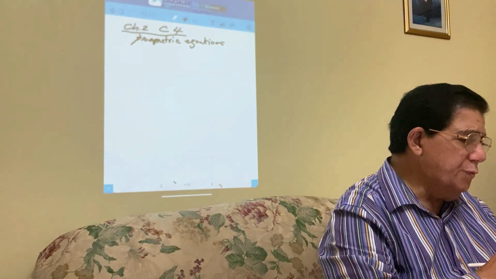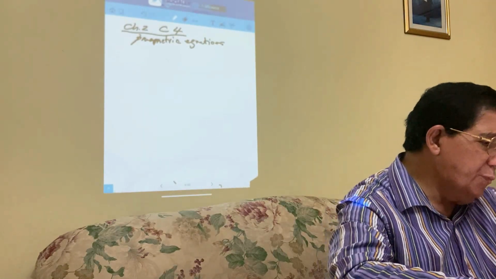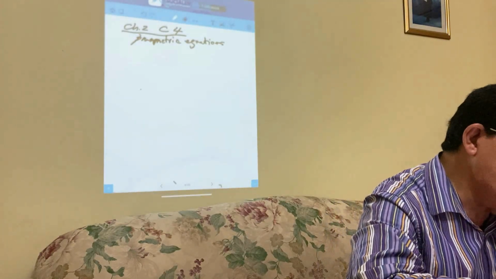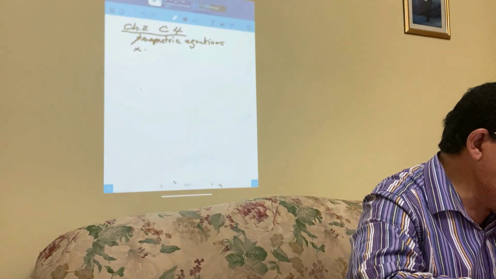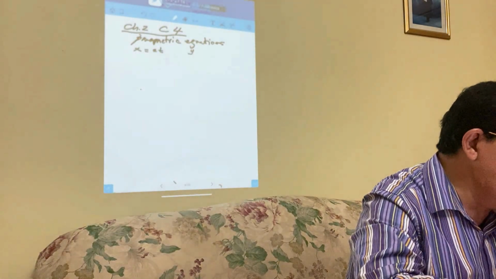That variable is called the parameter. Like in example 1 given here, we are given that x equals 2t and y equals t squared.